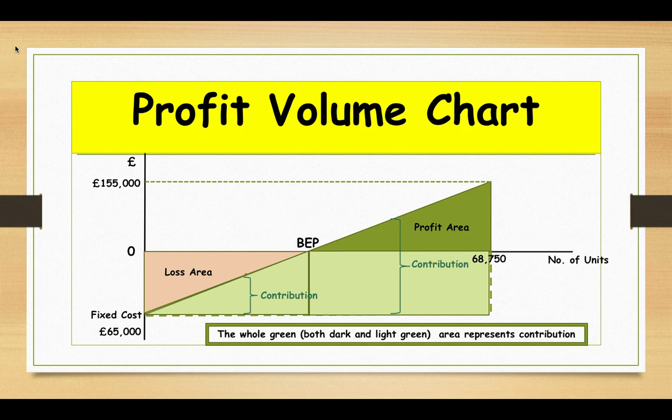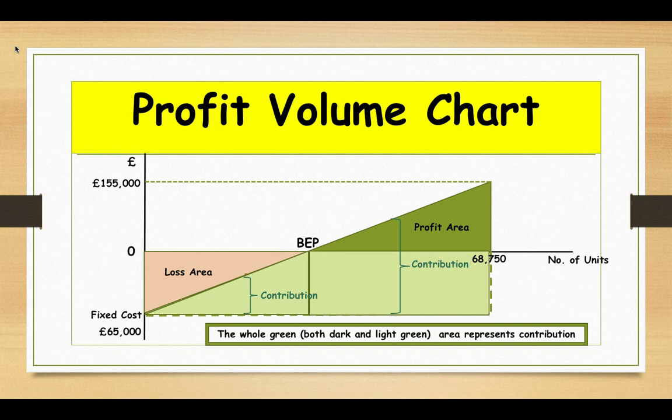But if you look at the whole green area, including the dark green as well as the light green, is the contribution area. So any point within this big triangle, which is the contribution area, is the contribution.